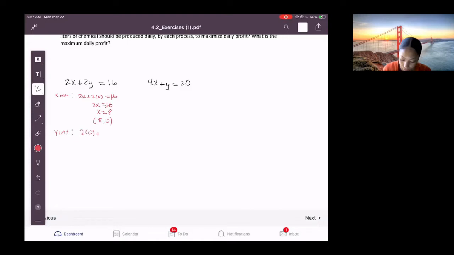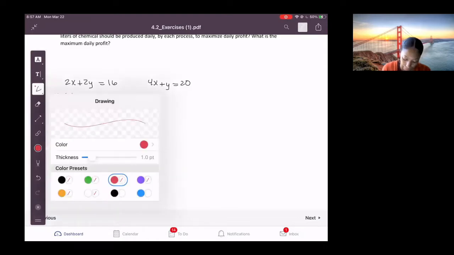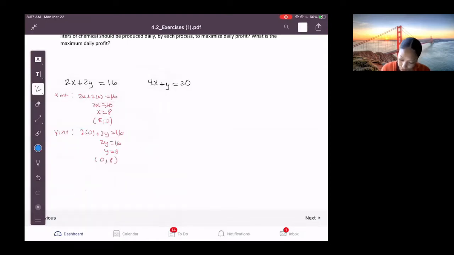2 times 0 plus 2 times y equals 16. 2y equals 16, so y equals 8. 0 comma 8. For our next line, the x-intercept would be 4x plus 0 equals 20. 4x equals 20, so x equals 5. That's 5 comma 0.